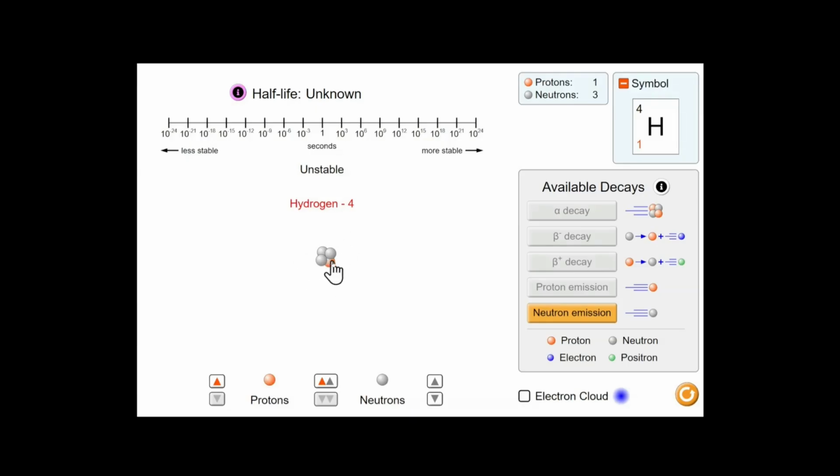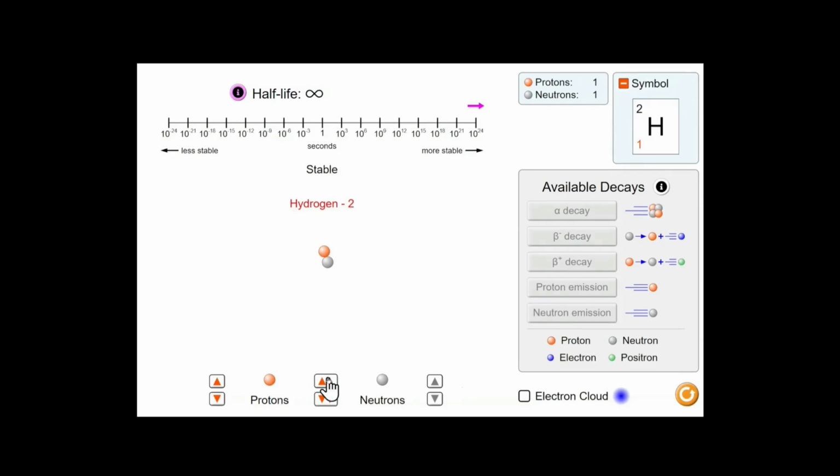If there are way more neutrons than there are protons, or way more protons than there are neutrons, with a bit of a proviso for that one, the atom is in an unstable state. The energy system in this nucleus is going to be unstable, and it's always going to move towards a more stable state.